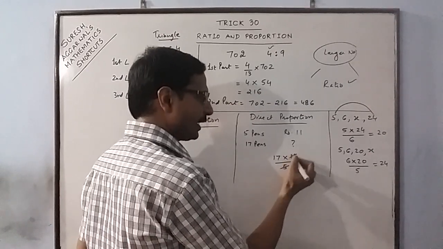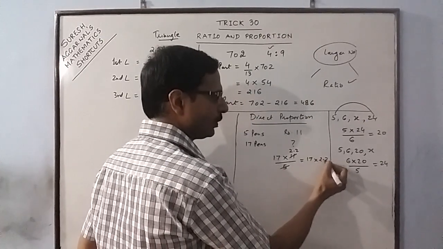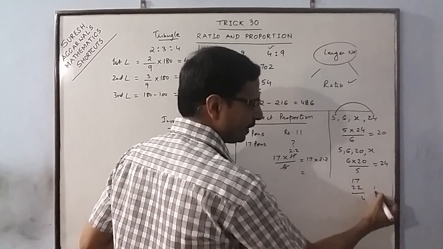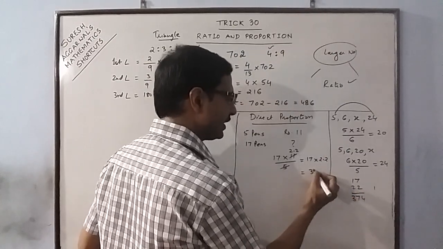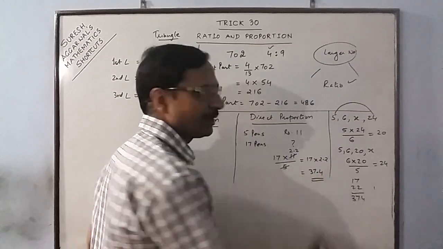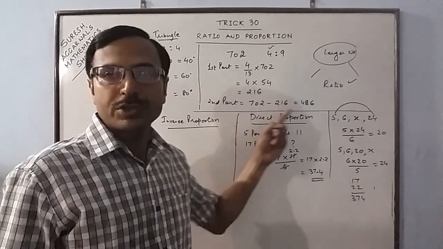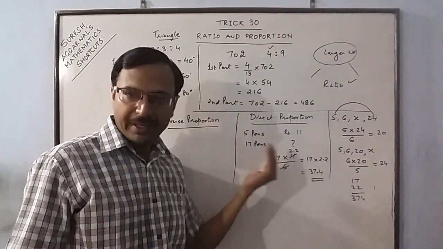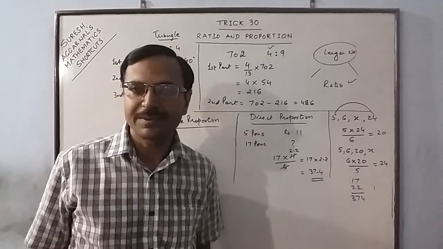Just cancel and you get the product, 37.4 is your answer. So see, when you have a direct proportion question, then you go by reverse order. 17 into 11 upon 5 is the answer.